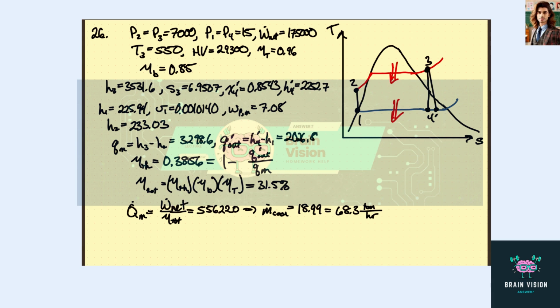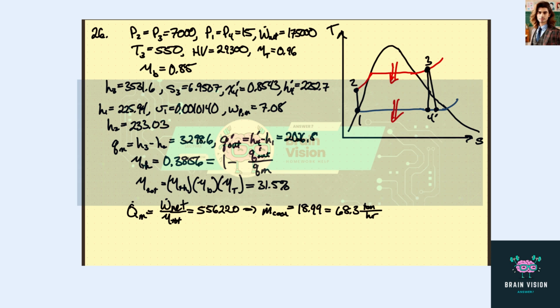Just knowing the efficiency, now we can get the heat transfer in by dividing the power, which we were told, by this efficiency. So we know the rate of heat transfer coming in from the coal is about 556 megawatts.